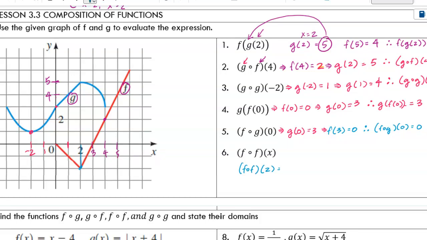Oh, wait a second. If I put a -2, it's going to give me an output of -2 at f of 2. But then when I put f of -2 back in, it's going to give me an empty set. There's no output that comes out of f of -2. Okay? Just made one up.